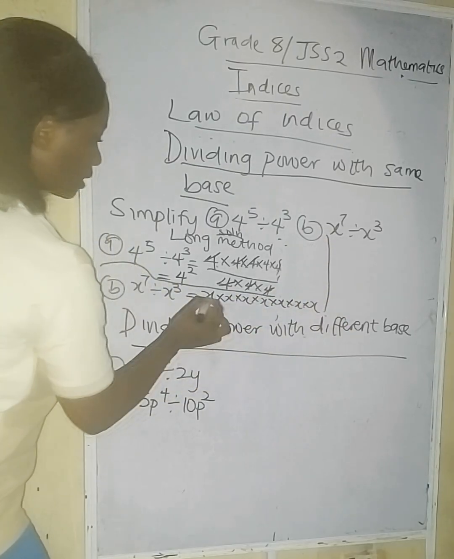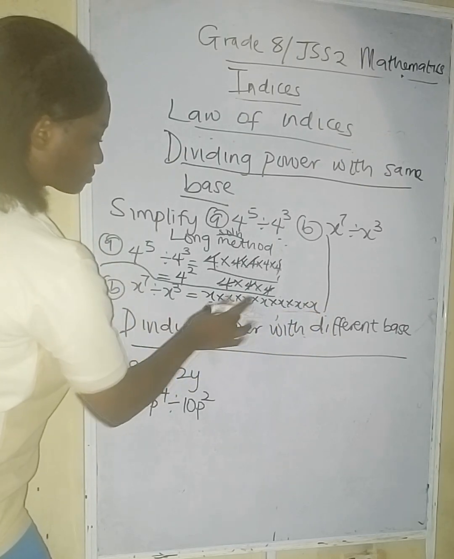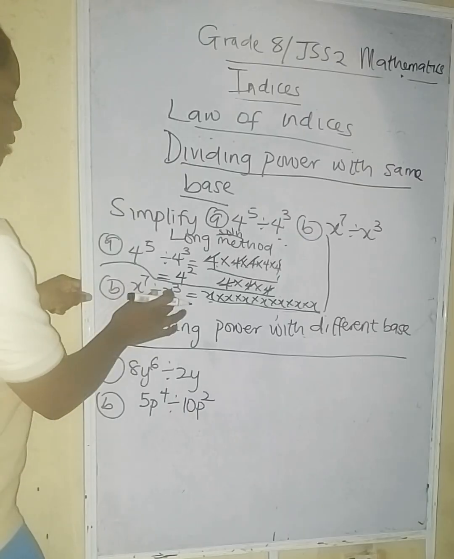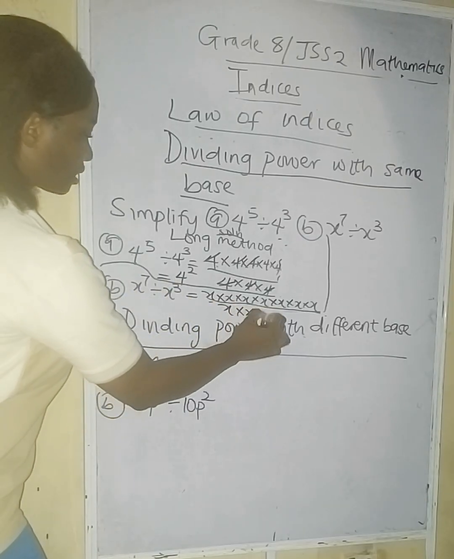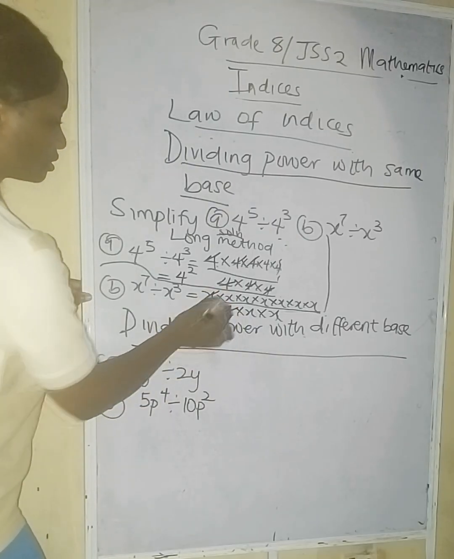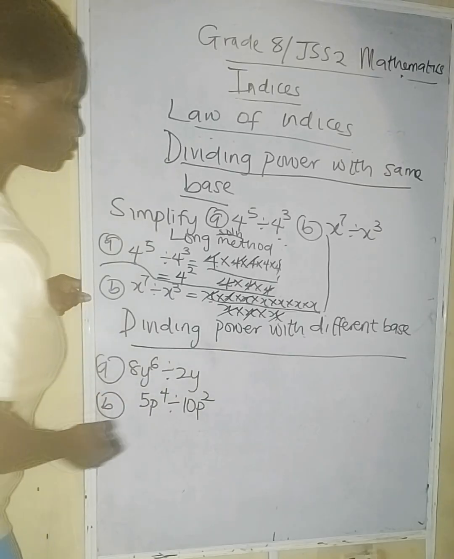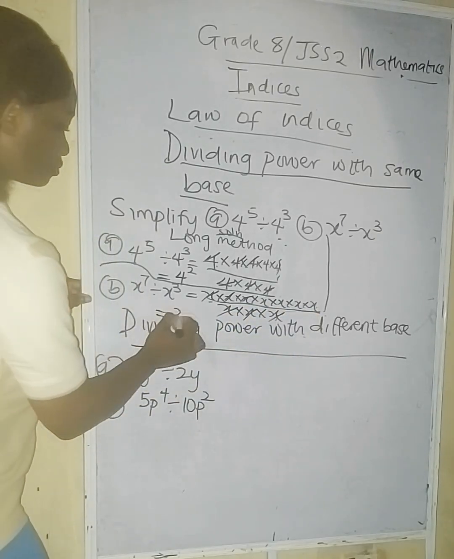So we are going to divide it by x, how many times? 3 times. x times x times x. Alright, so let's do that now. This cancels this. This cancels this. This cancels this. So how many x do we have? 1, 2, 3, 4. So this is x raised to the power 4.